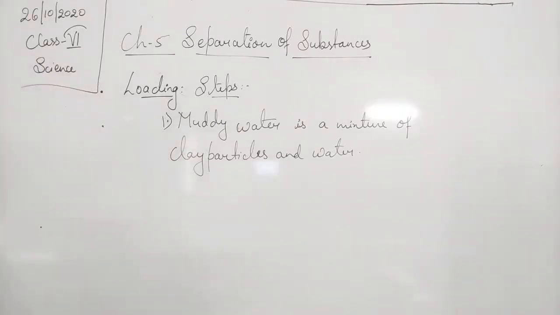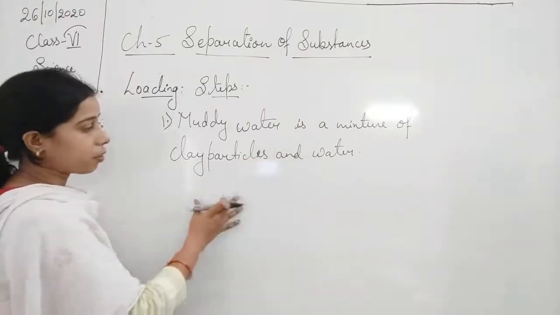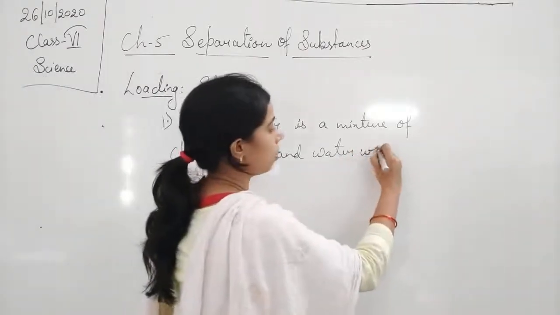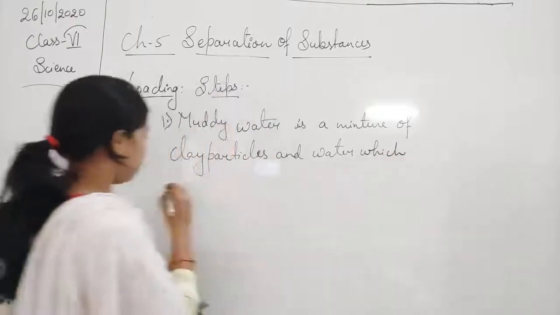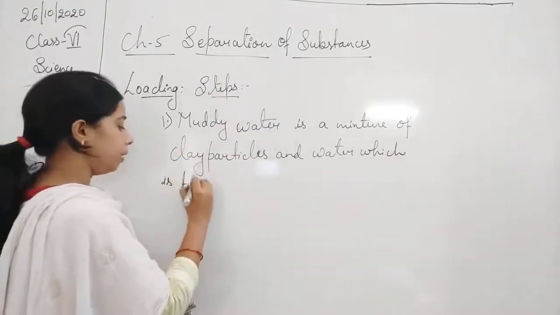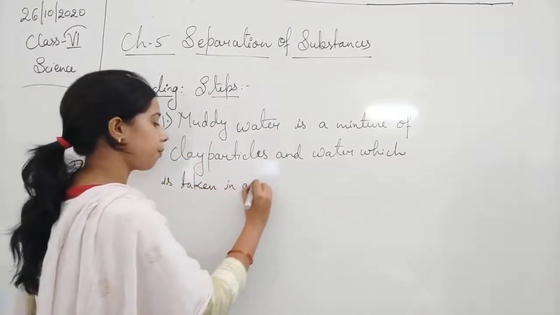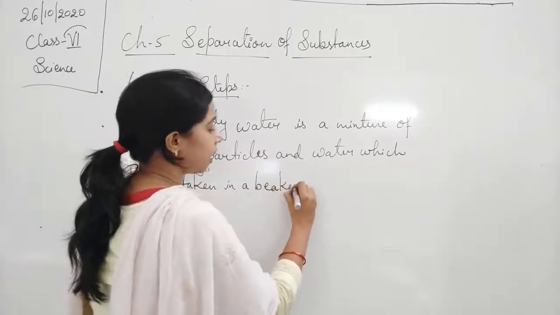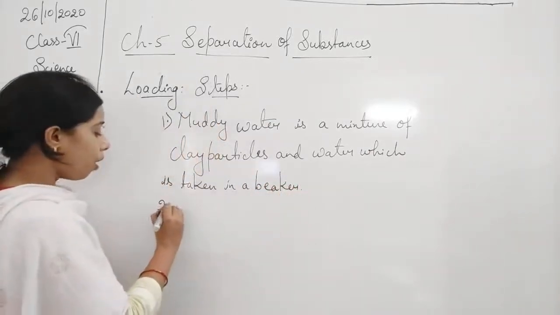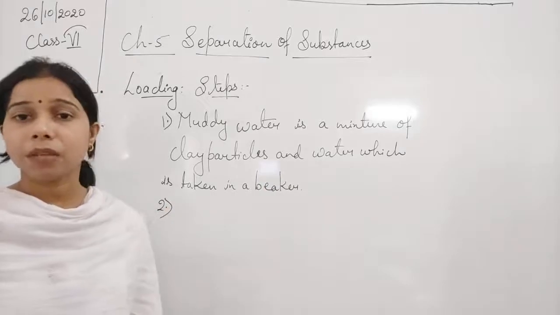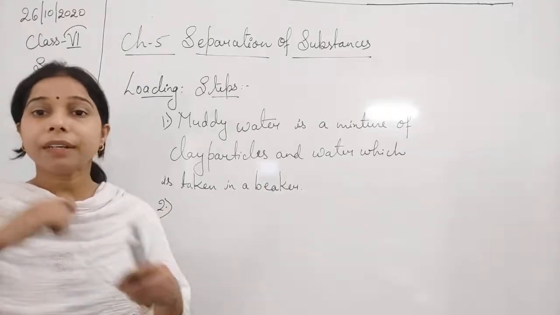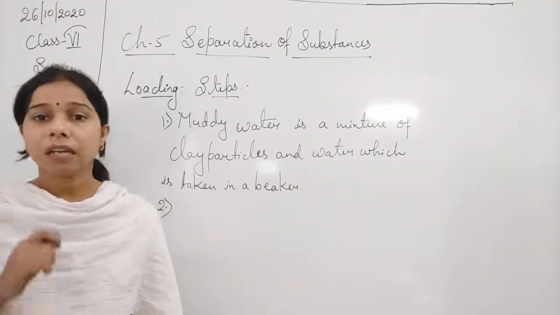Now we have taken it in a beaker. It is a mixture of this which is taken in a beaker. Now what will we do? We will take a piece of alum and tie it with the help of a thread.